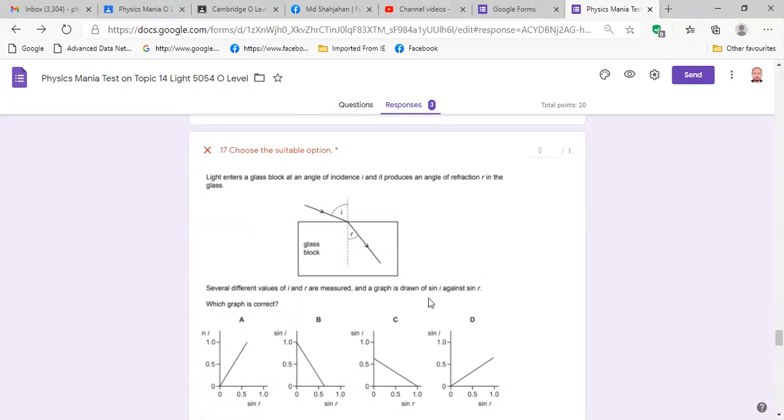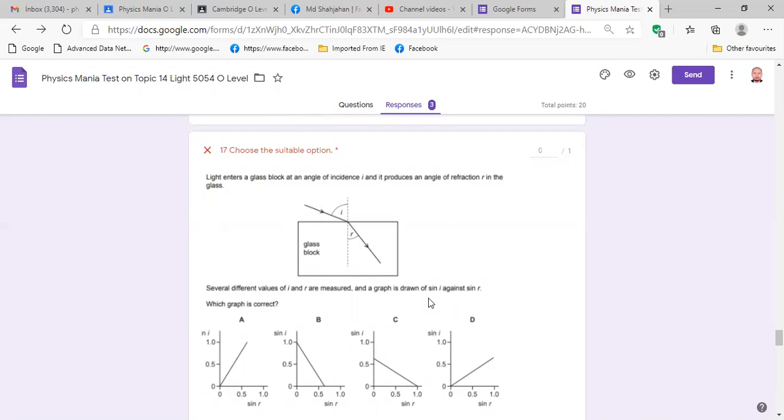A graph is drawn of sine I against sine R. One thing we know here is that light is traveling from rarer to denser medium. So your I is greater, R is smaller, right?